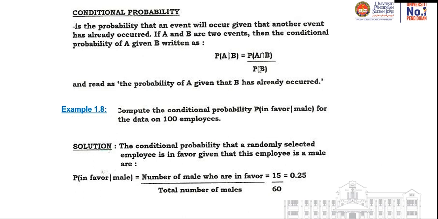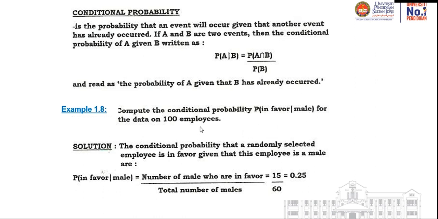Most of the time, the denominator P(B) represents the event that already occurred. Similarly, P(B|A) is equal to P(B intersect A) divided by P(A).